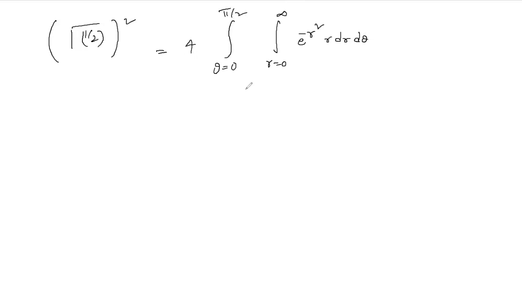We can separate it: integral theta 0 to pi by 2 d theta multiplied by the integral r equal to 0 to infinity e to the power of minus r square r dr.